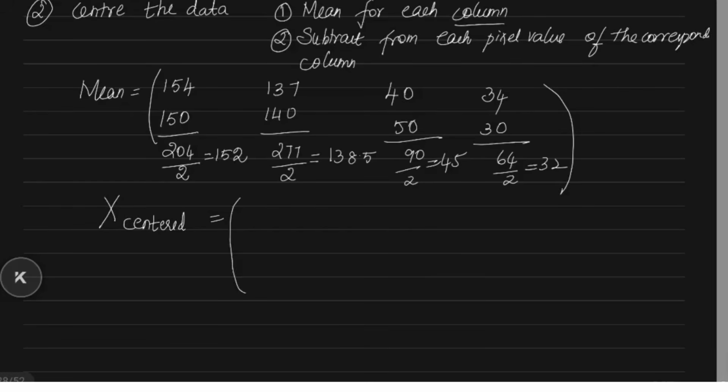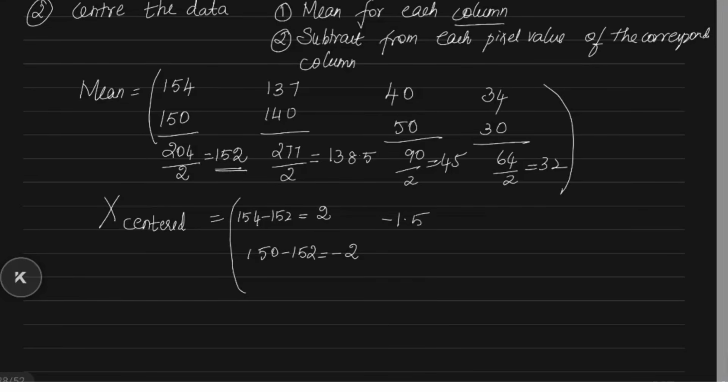To find the matrix for X-centered, your mean for the first column is 152. The first element is 154, so it will be 154 minus 152, which is 2. The next element is 150 minus 152, so it will be minus 2. Likewise for the second column, it will be 137 minus 138.5, so it is minus 1.5.